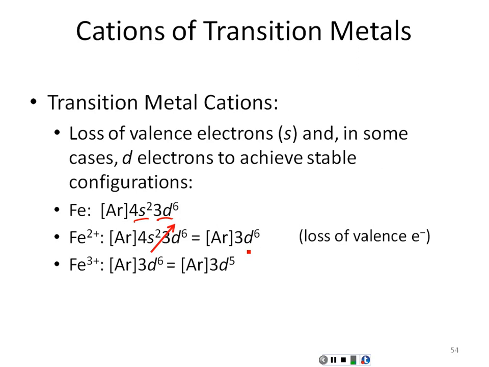The next ion iron can form would be 3+, and the one remaining electron is removed from the d orbital, and you get 3d5. And this is a particularly stable ion because the d shell is half filled. So you have 5 electrons in the d orbital. That's pretty stable.